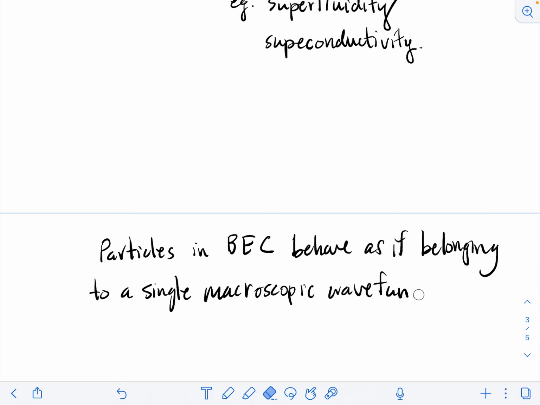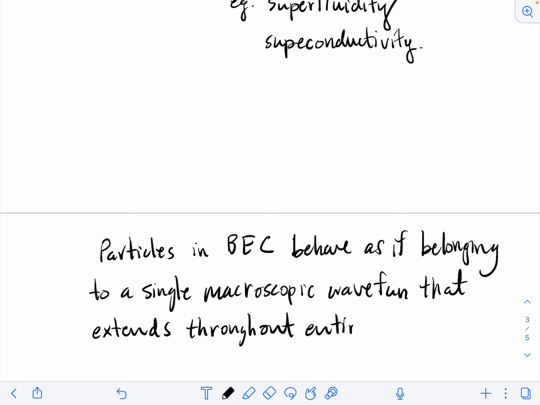And this wave function extends throughout the entire volume of the system.